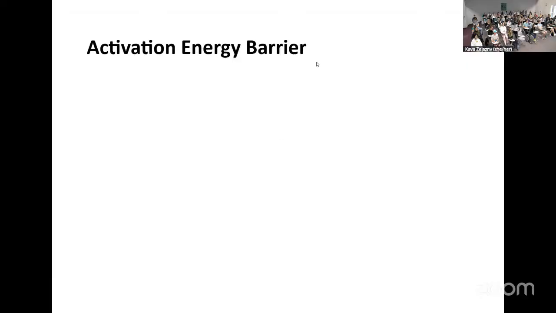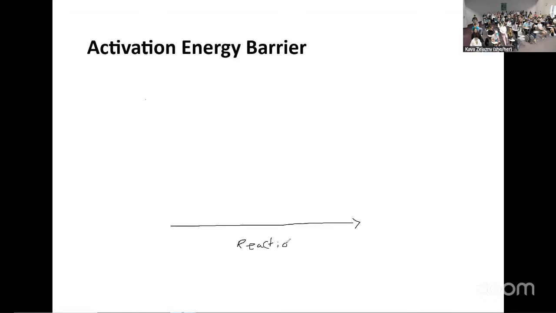So if we're thinking about the activation energy barrier, what we're thinking about is our reaction happening over time, or our reaction coordinate, here on the x-axis. And then we're going to be thinking about the energy it takes on the y-axis. This is our energy.